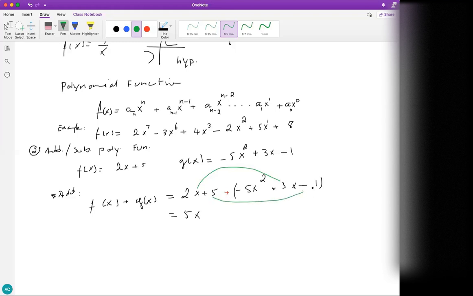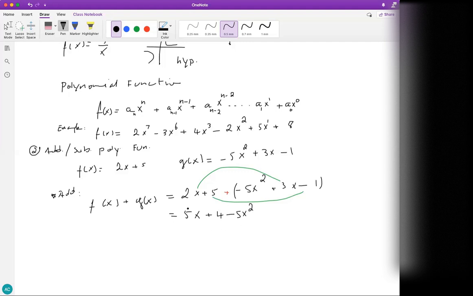So positive 5 minus 1 would be 4. And then we have this term by itself, negative 5x to the second. It doesn't have a like term to combine it with. So we just bring it down. So we added the two polynomials, the binomial and trinomial. We ended up with a trinomial.